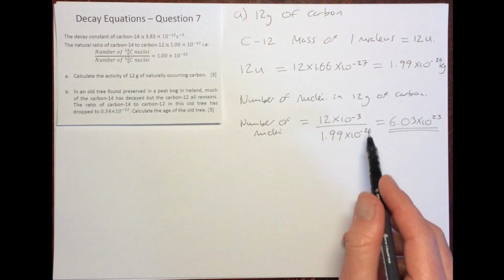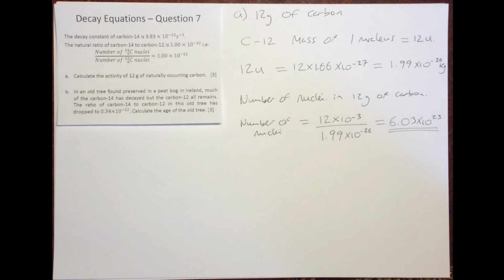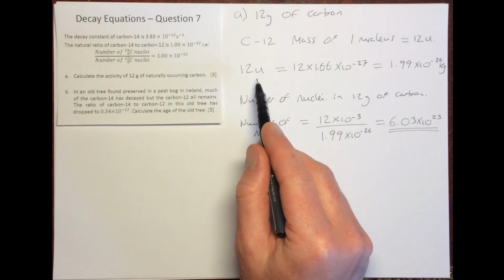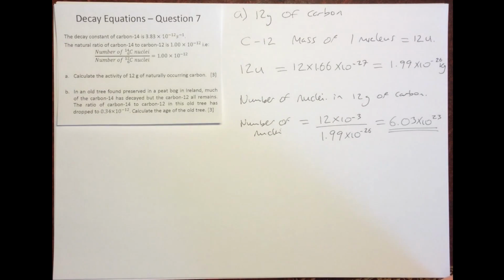The reason it's not quite is because we've rounded some of our values as we've gone through, but you may know that 12 grams of carbon, by definition, has 6.02 times 10 to the 23 atoms or nuclei in it.